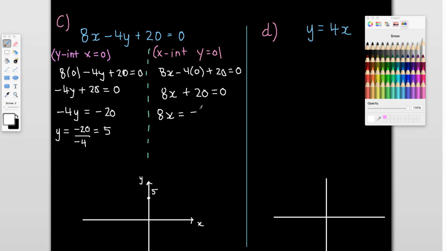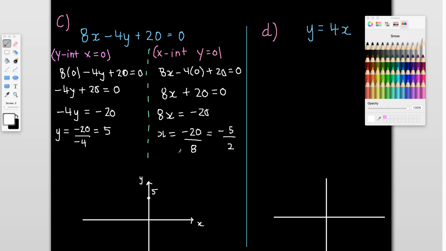Subtracted 20 from both sides. So x is equal to negative 20 on 8. And we'll simplify. So it goes into negative 5 on 2. Of course, common factor there of 4.